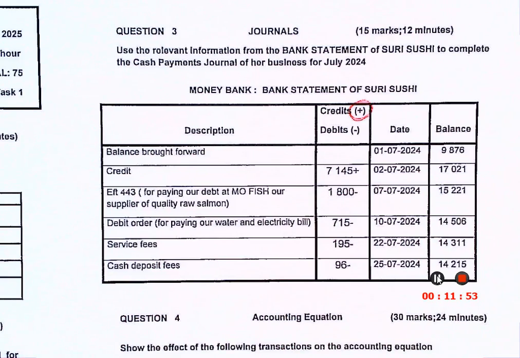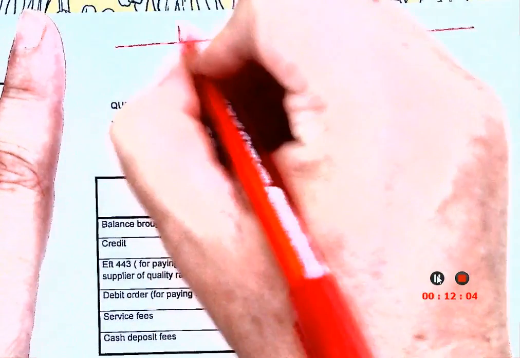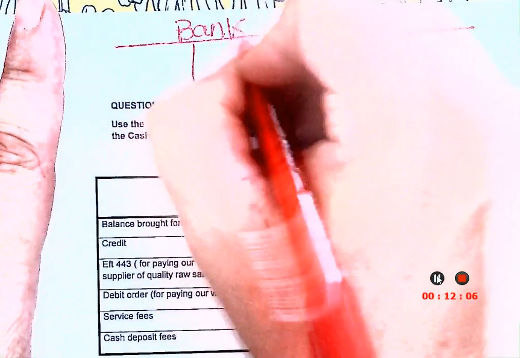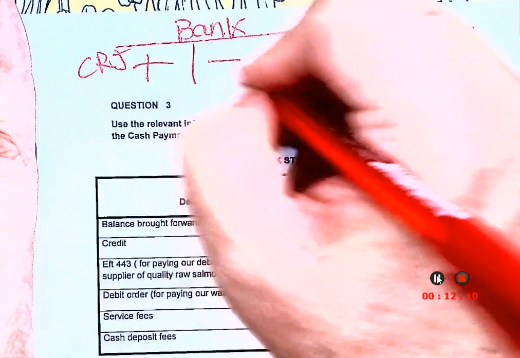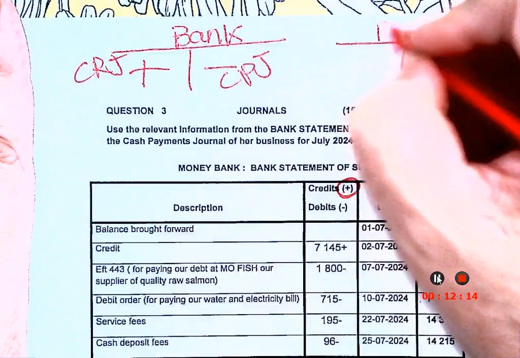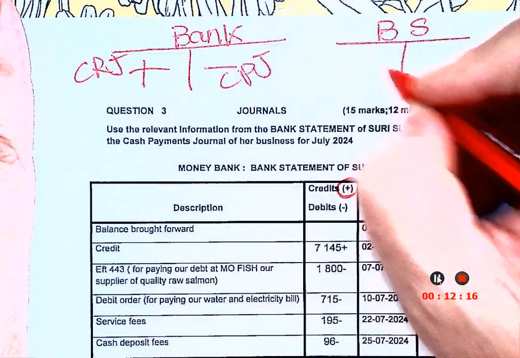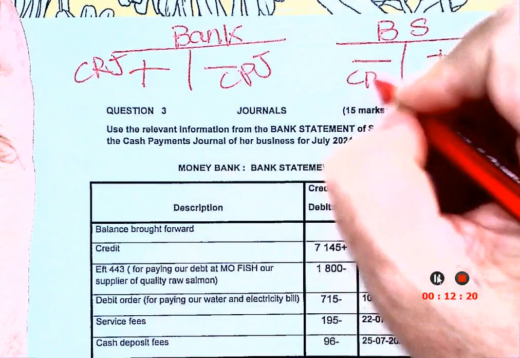Credits is mostly your deposits. Remember, if I look at my bank T account, I must explain this to you many times. My bank in my books is plus minus. So this side is the CRJ and this side is the CPJ. In the bank statement, it's the other way around. It's minus plus. Meaning this is my CPJ and this is my CRJ.